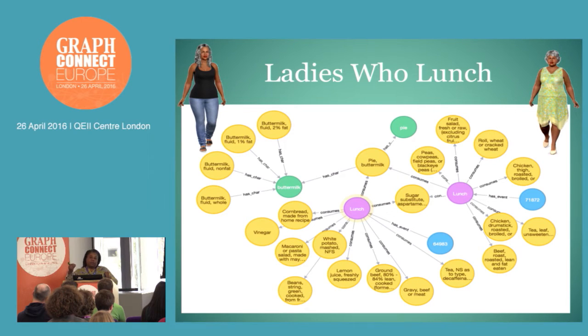One characteristic is pie, and that's mapped onto sugar. Another characteristic is buttermilk. What's good about the characteristics is that they link to the characteristics of other food. Although this is buttermilk pie, it's linked to all different types of buttermilk: actual buttermilk, buttermilk non-fat, buttermilk 1%. So that characteristic tells me something else and starts to connect all the food together.